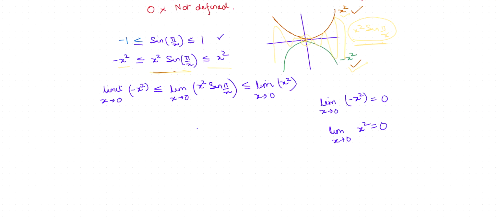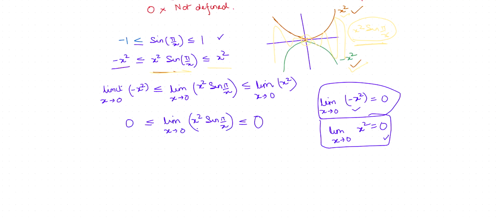If we convert this statement into taking limits of all the functions, then it also holds true. If we find the algebraic limits, the limit of x square as x tends to 0 is 0, and the limit of negative x square is also 0. So we can rewrite this.